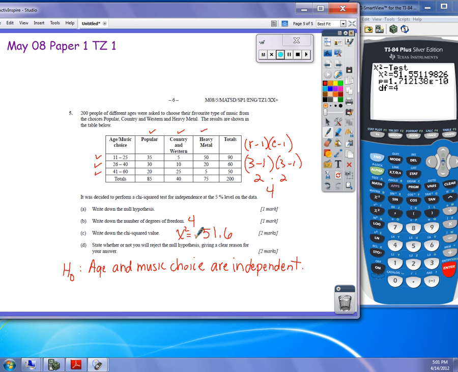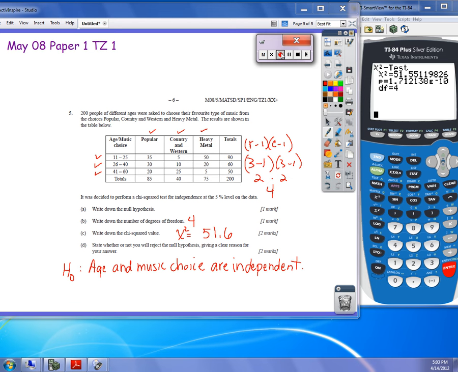So you would go to the table value, and it says we're testing at a 5% level, and looking at the table for 4 degrees of freedom testing at 5%, the chi-squared test value is 9.488.